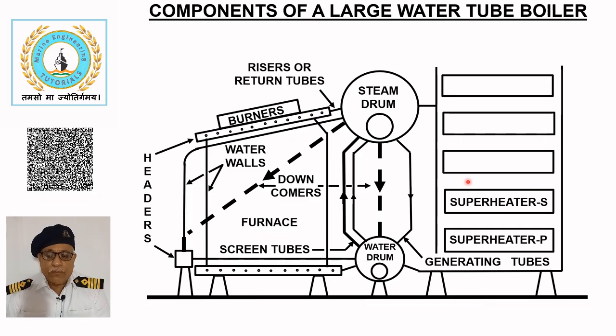Superheater tubes. Superheater tubes are small diameter tubes placed in the main gas stream after the screen tubes. They raise the temperature of saturated steam from the drum to the required superheated condition. Superheaters may be divided into primary and secondary passes.